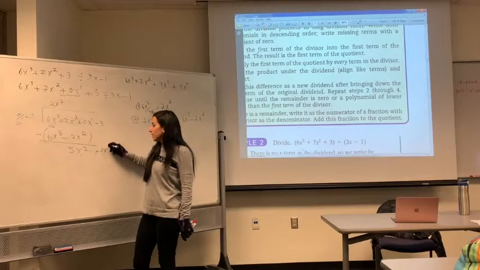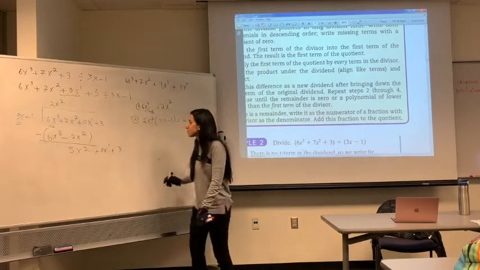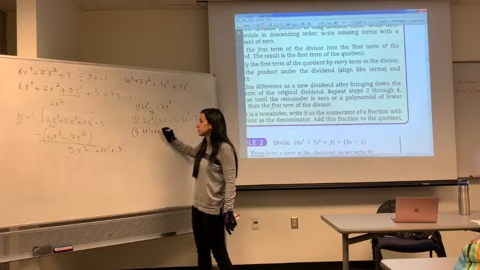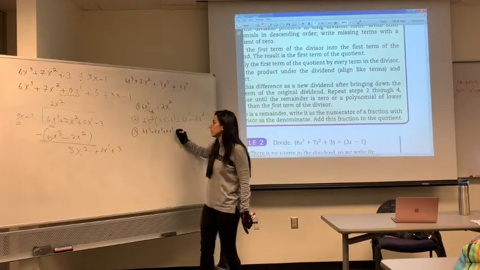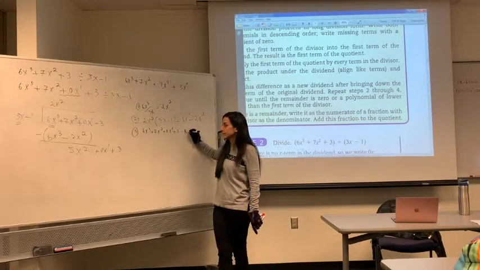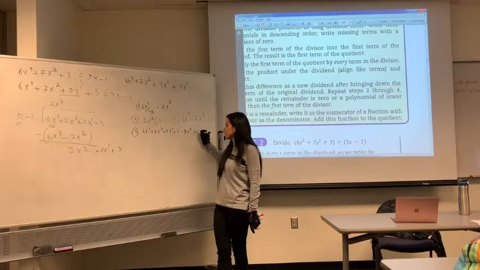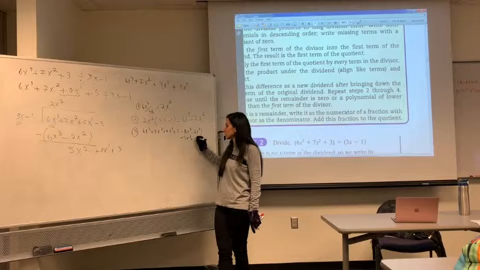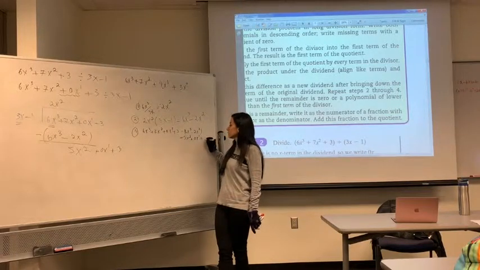So 6x power 3 plus 7x power 2 plus 0x power 1 plus 3 minus 6x power 3 minus 2x power 2 is equal to 5x power 2 plus 0x power 1.